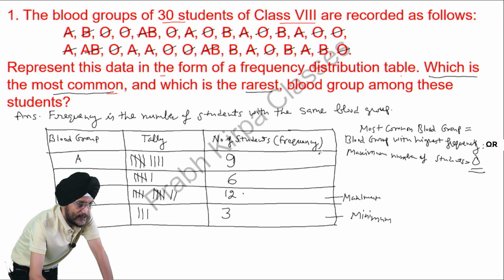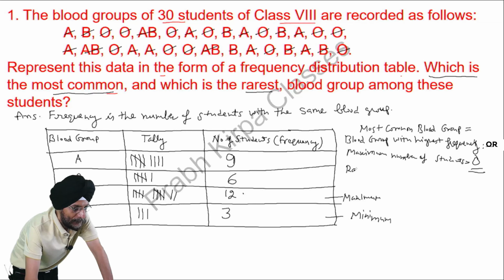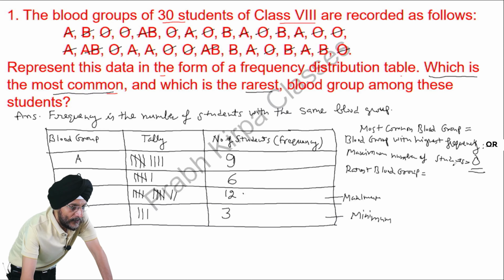Now the other is the rarest blood group. The rarest blood group is the blood group with the lowest frequency.